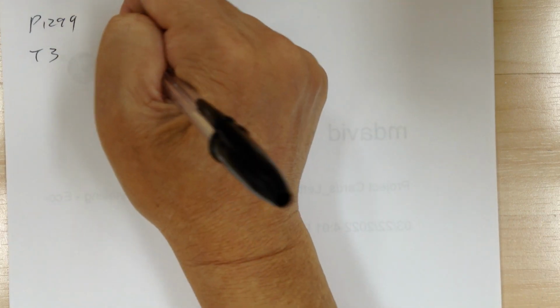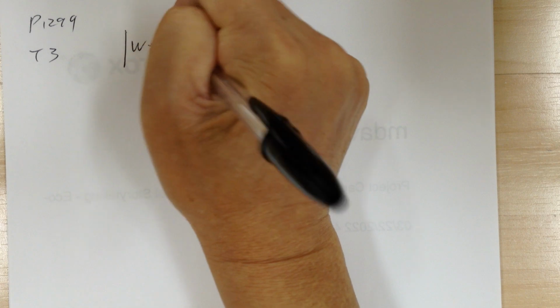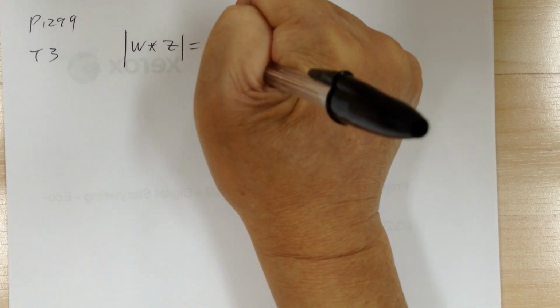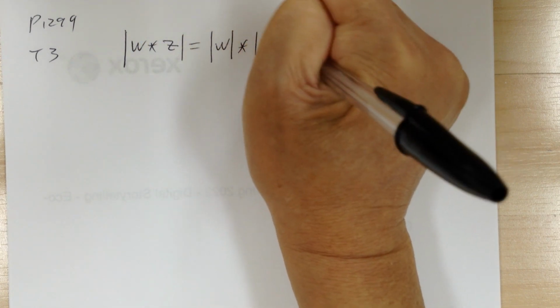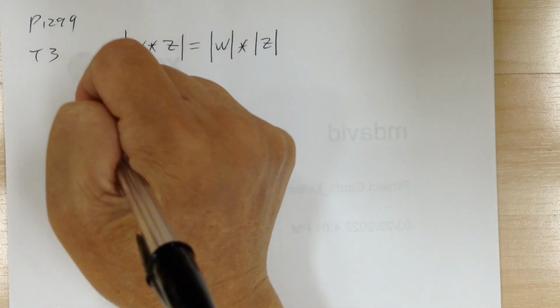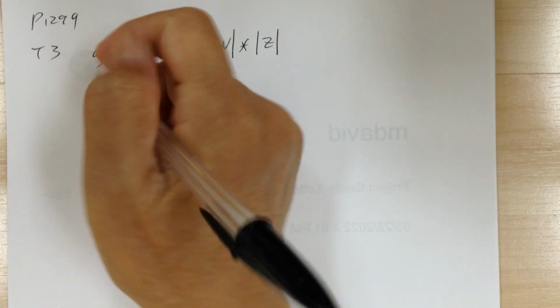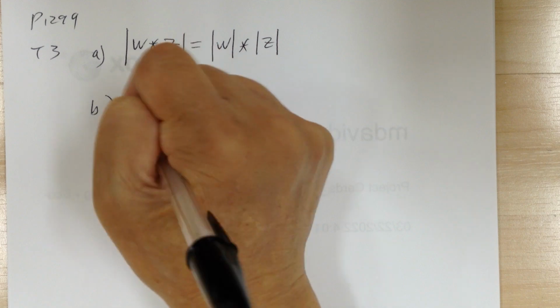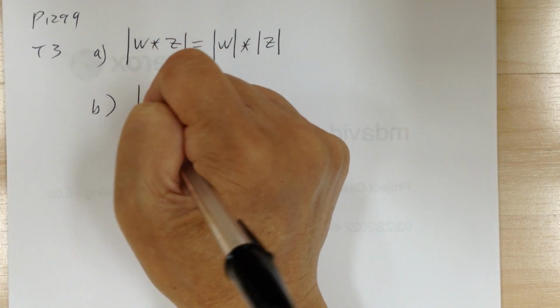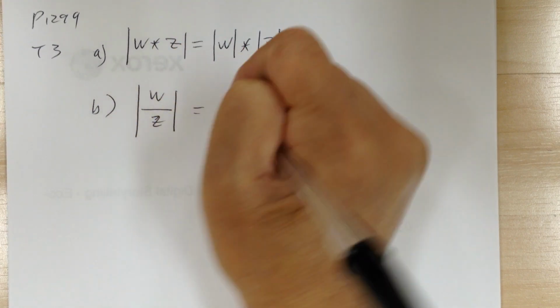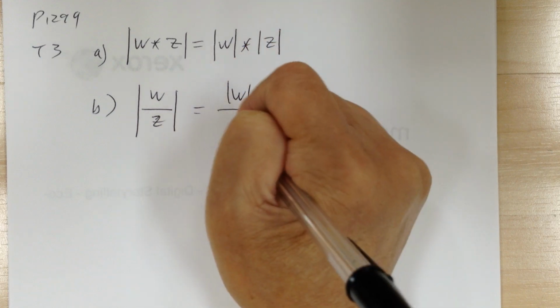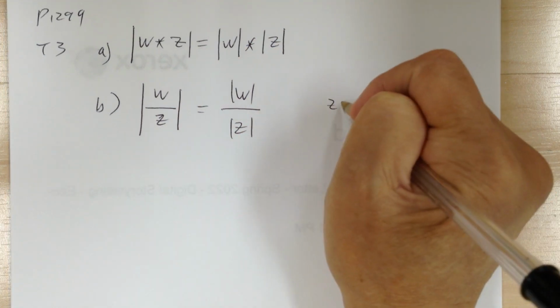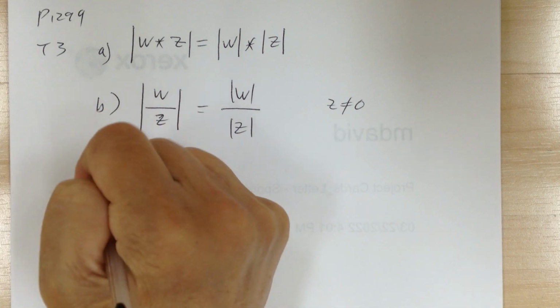So the absolute value of w times z will equal the absolute value of w times the absolute value of z. Okay, and so this is A. B is when you have division. So the absolute value of w over z will equal the absolute value of w over the absolute value of z. Again, z cannot equal 0, right? Because it makes it undefined.